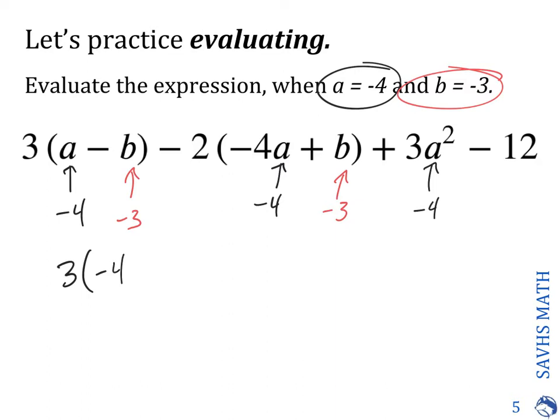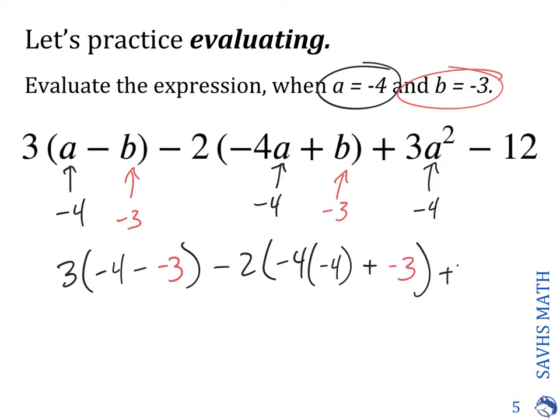Putting in negative 4, and then it says minus negative 3. We're going to have to deal with that in a second. Minus 2 times negative 4, and then a was negative 4, plus, and then negative 3. Then it says plus 3a, a is negative 4, squared, minus 12.